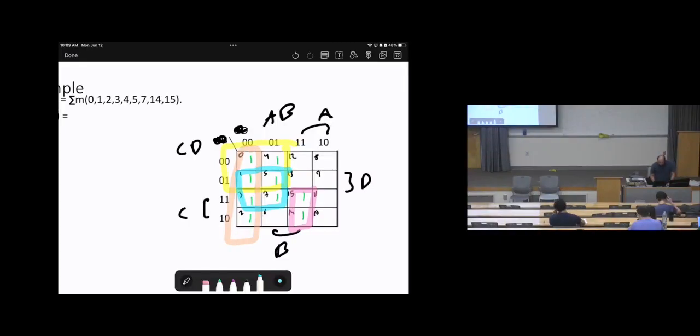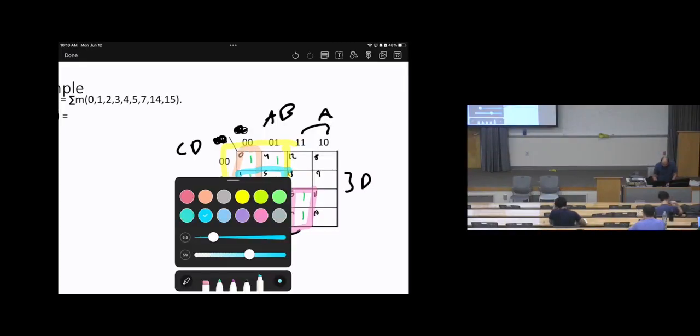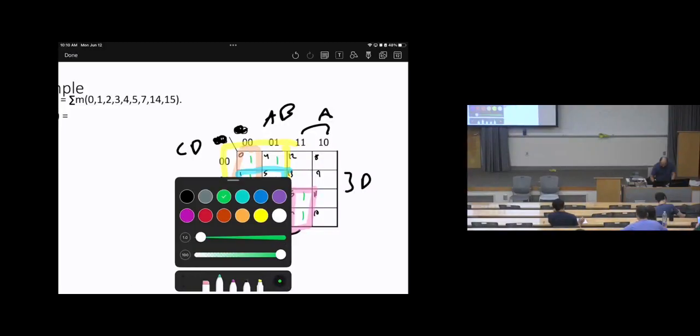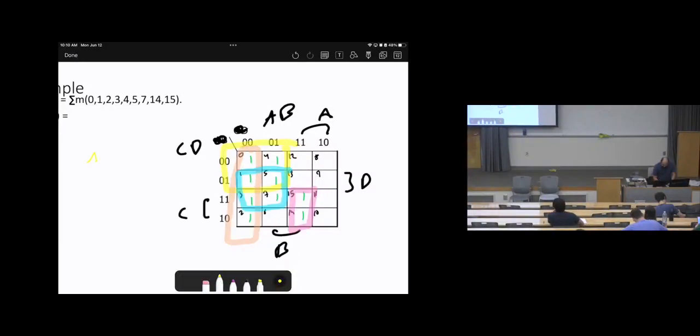So how can we group this? Let's look at the one in yellow. In yellow color, it includes 4, so it should include 3 variables. Look at the variable A. It will be within A bar. Look at the variable B: sometimes B, sometimes B bar, so B will be the missing variable.